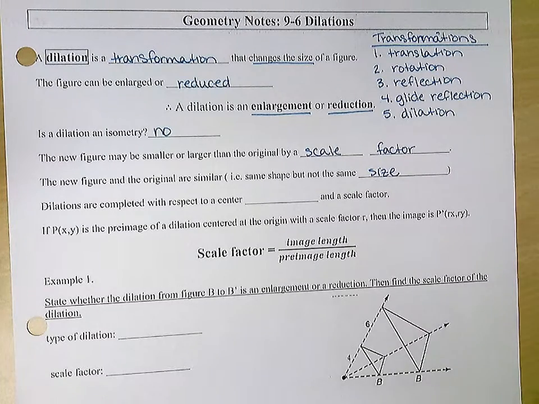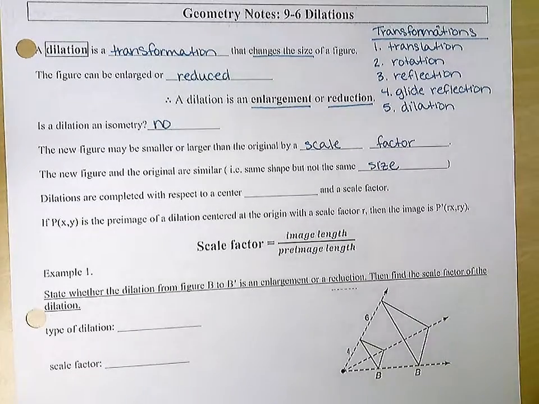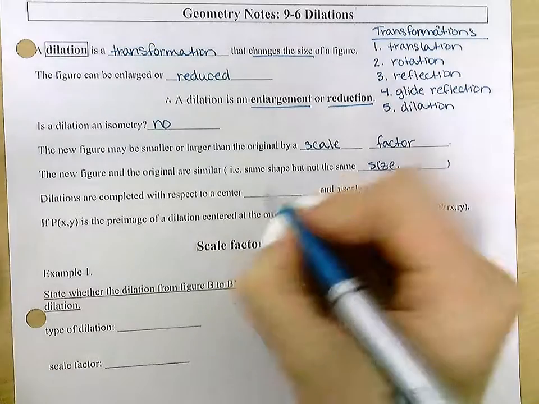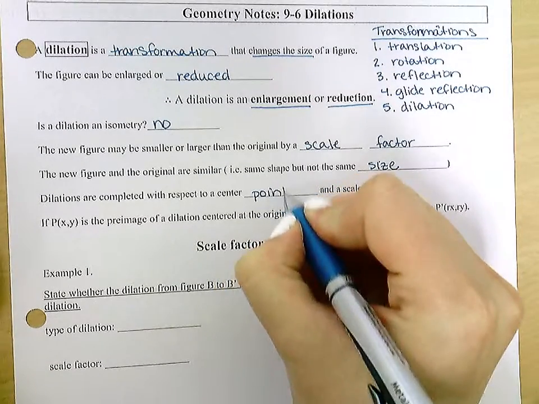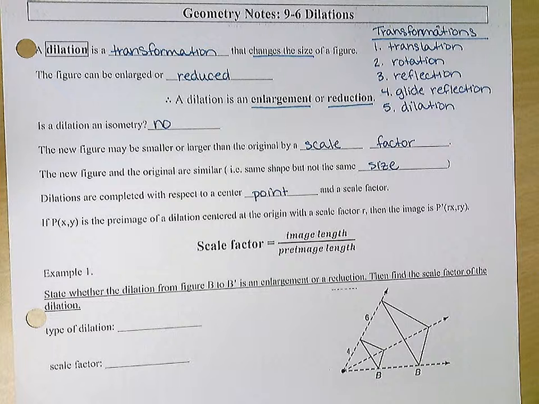Dilations are completed with respect to a center point and a scale factor. So for your dilation, it's going to be from a certain center point, and it's going to get larger or get smaller closer to that center point. So it's with respect to that center point and the scale factor.